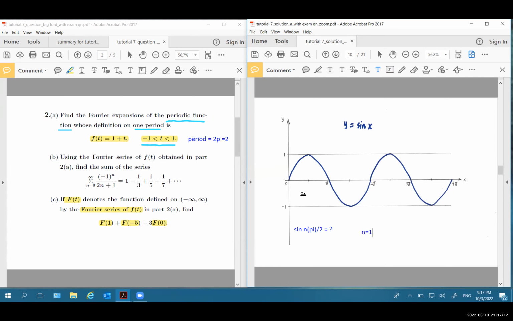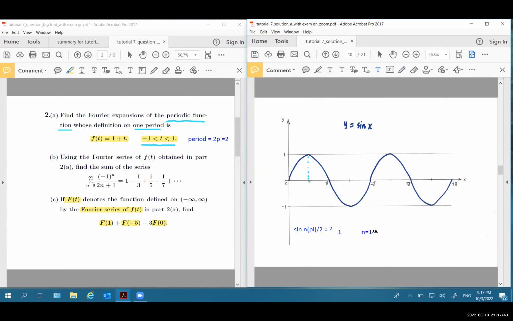Hey, class, do you know what is sine pi over 2? You are looking at the graph here. Can you tell me? 1. It's 1. So this is your sine pi over 2. Pi over 2 is here, so we know the value is 1, when n is 1.